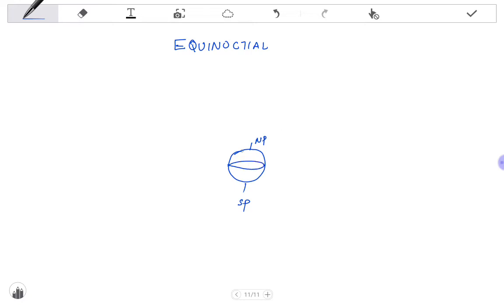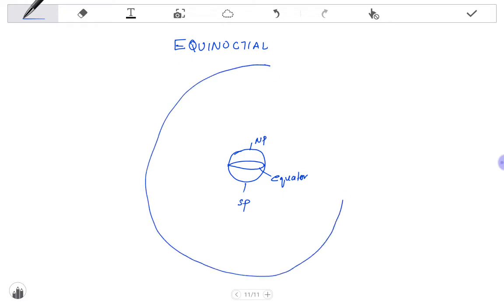When we project the Earth on the celestial sphere, we have the north celestial pole and the south celestial pole.